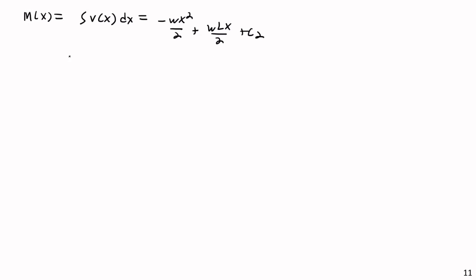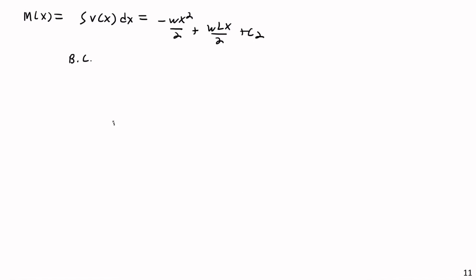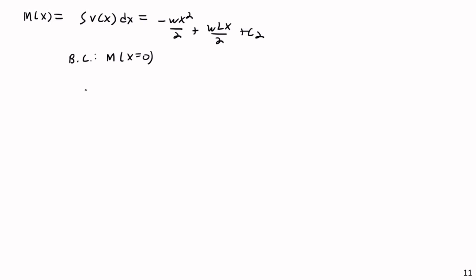And boundary condition. Now the interesting boundary condition here, again, is that just like in the case where we had a couple on the end, I cannot say that the moment on the left hand side of the beam is 0, because even though I'm modeling this as a pin support, I have a couple applied at the end of that. So the boundary condition here actually is that M at x equals 0 is equal to the opposite of whatever this thing is.